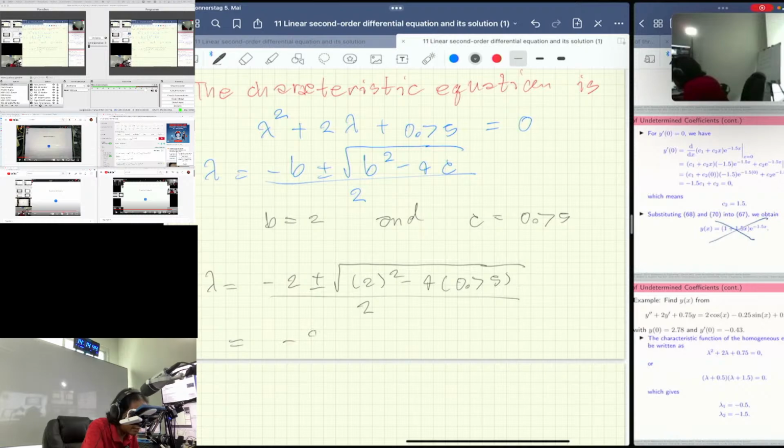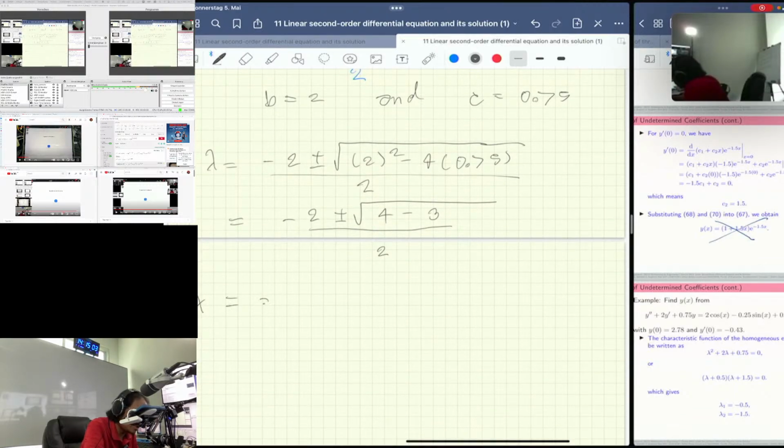Then negative 2 plus or minus the square root of 4 minus 3, which is 1, all divided by 2.